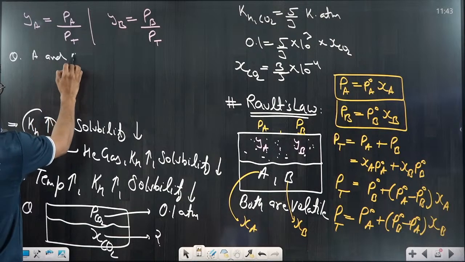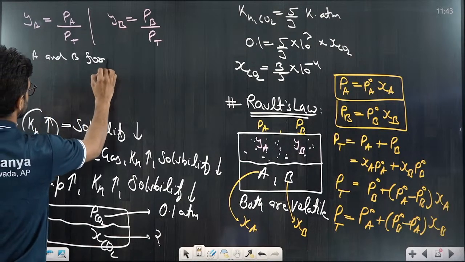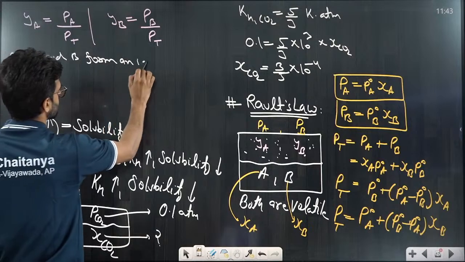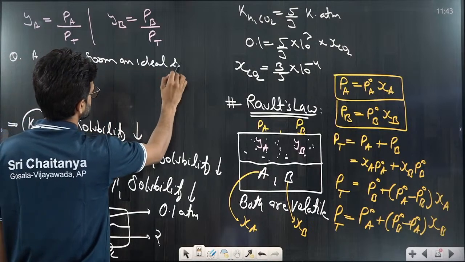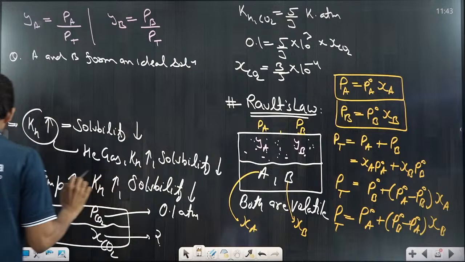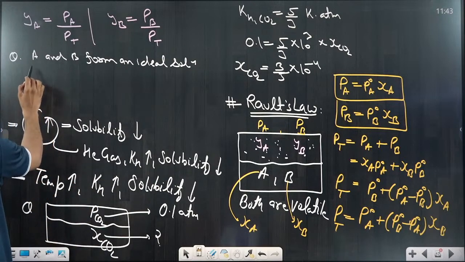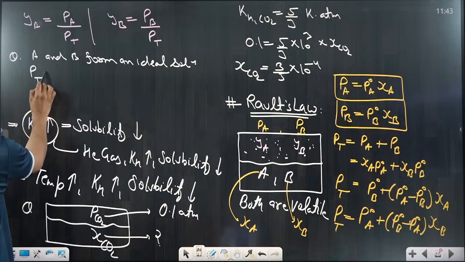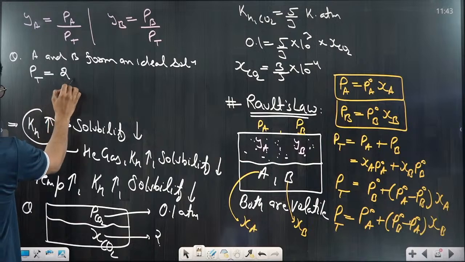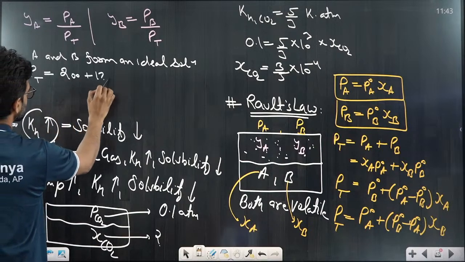Now imagine I'm giving a question. A and B form an ideal solution. The total pressure expression is given: PT is 200 plus 120 XA.